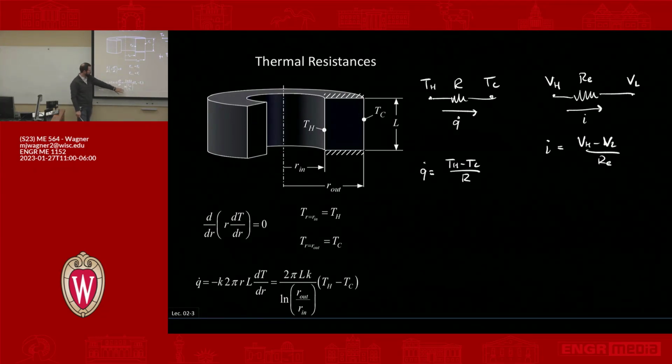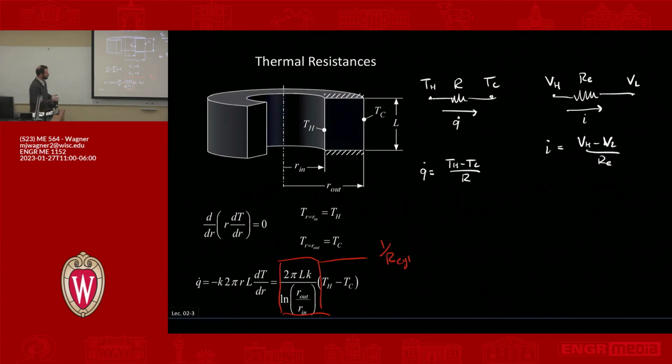So in this problem, we have Th minus Tc and a bunch of constants multiplying that, and so this can become 1 over R. So for this problem, this stuff over here is basically 1 over R. And we had called this R cylindrical in Maple.